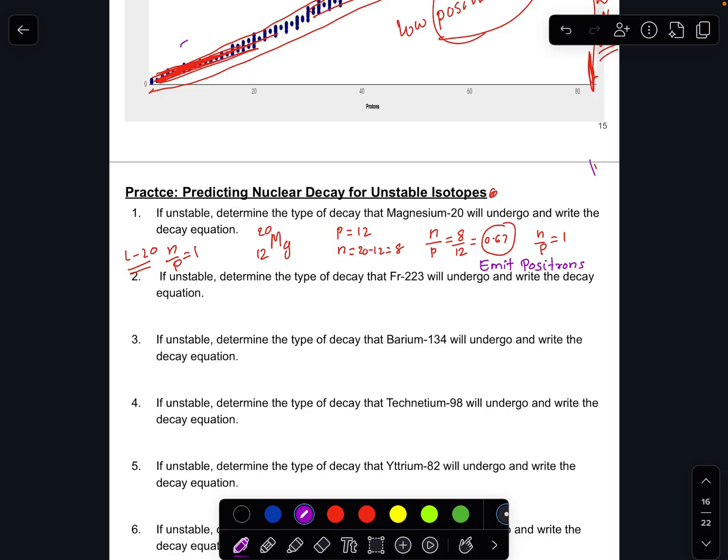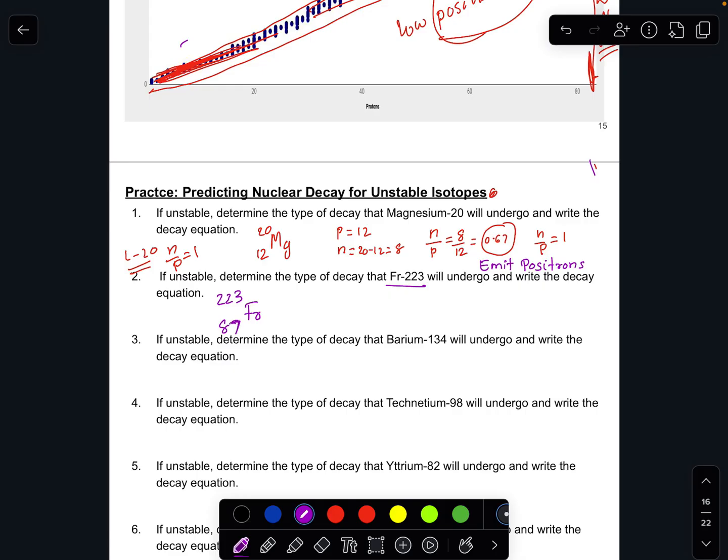Okay, next one is francium-223. That's very easy to predict the type of radiation, because you don't need to calculate the N by P ratio.